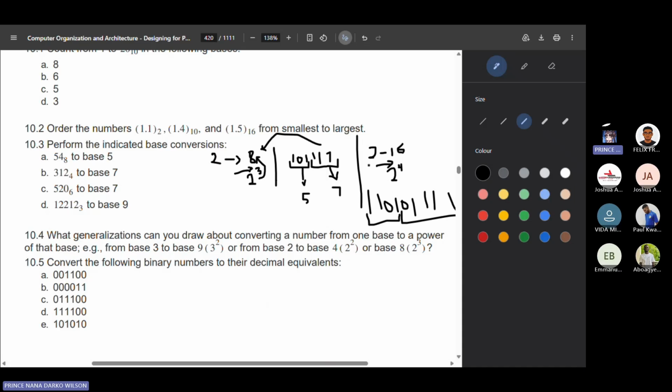So therefore, we come to a conclusion that for any number system, if it shares a relationship with another number system such that b to the power n is that relationship, to convert from system B into the other number system, all you have to do is group them into groups of n. So if n is 5, you group into groups of 5. If the power is 7, you group them into groups of 7. If the power is 3, you group them into groups of 3, provided that's the relationship that the two number bases share.